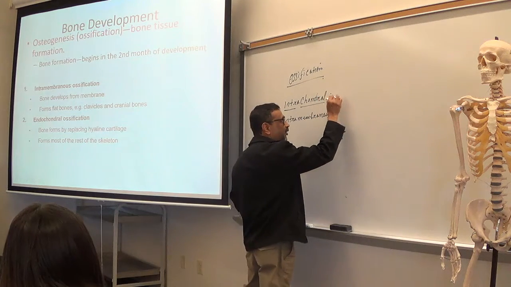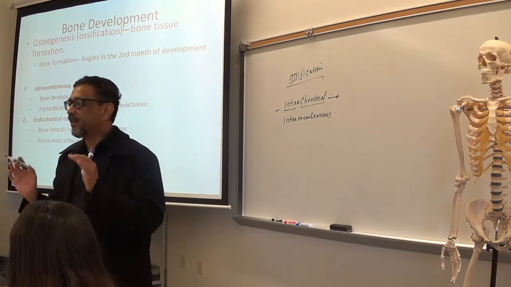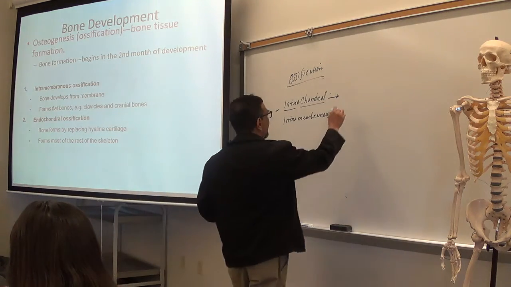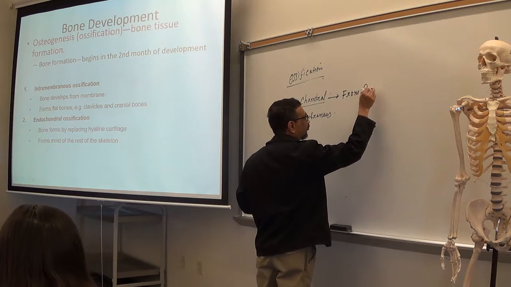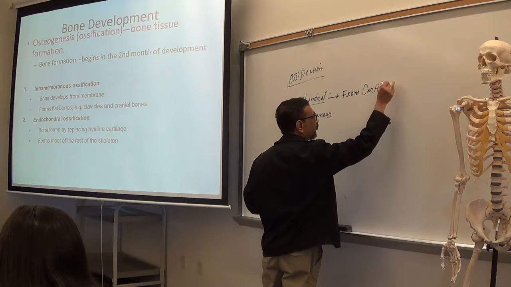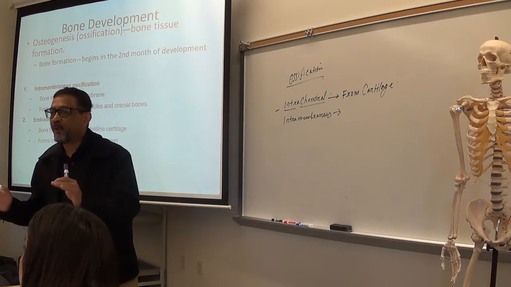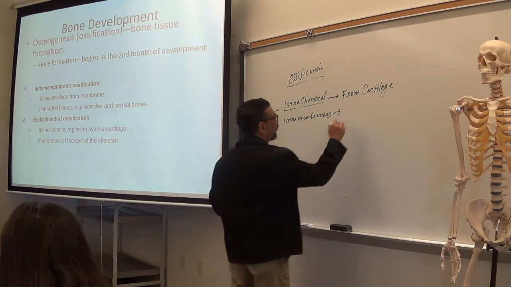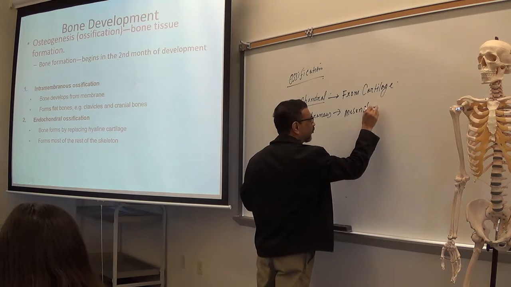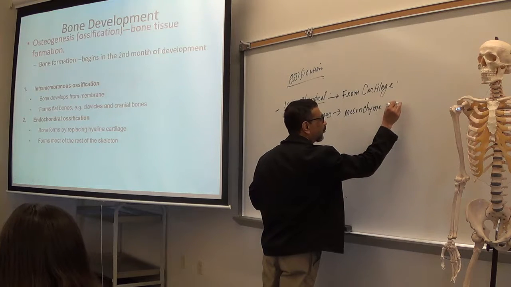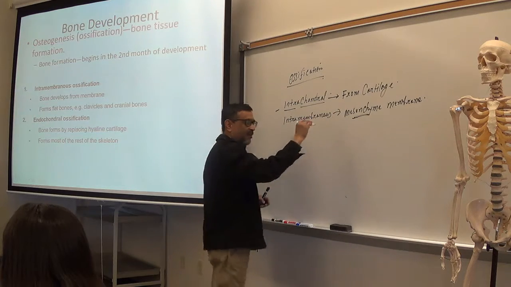So chondro means cartilage, intra means inside. So in intrachondral ossification, bones come from the cartilage. In intramembranous ossification, bone is formed from membrane. All connective tissue comes from mesenchyme.